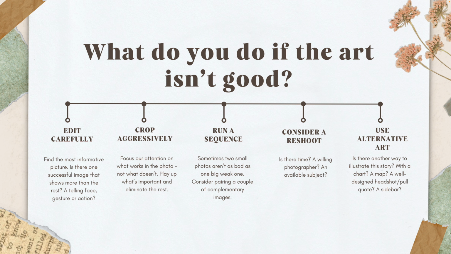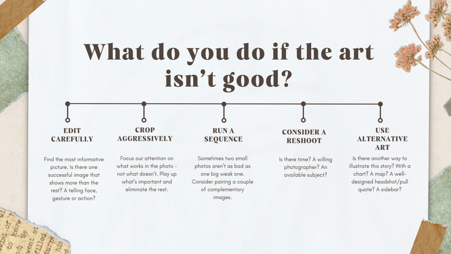This will also be a way to get your art in and tell your story, but not necessarily blow up a photo just for the sake of filling space on a page or because you think you need one dominant image. Again, sometimes you can create a dominant module of images by running that sequence.